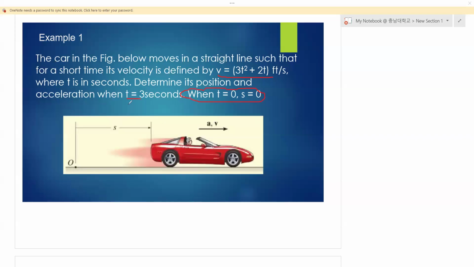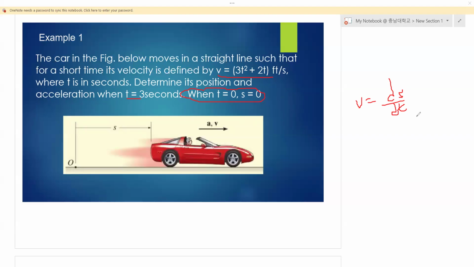First of all, they've given us time, they've given us distance, and they've also given us velocity. So we need an equation that is going to describe all of them. But we know from our first equation that v is the same as ds over dt. Realize that we have a velocity and we have ds dt.